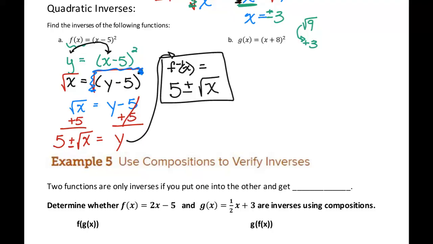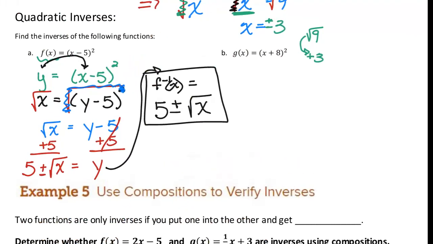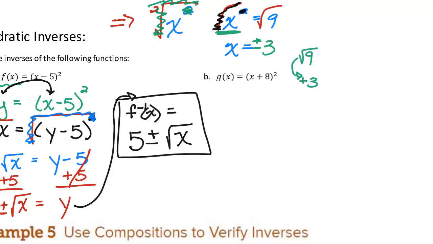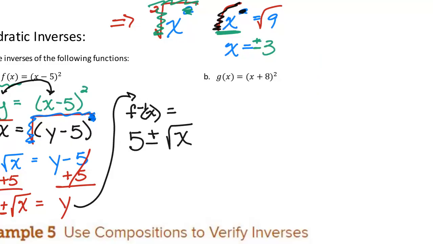All right. Let's go to letter B. I'm going to erase this little thing here because I'm going to need some space. Oops. All right.